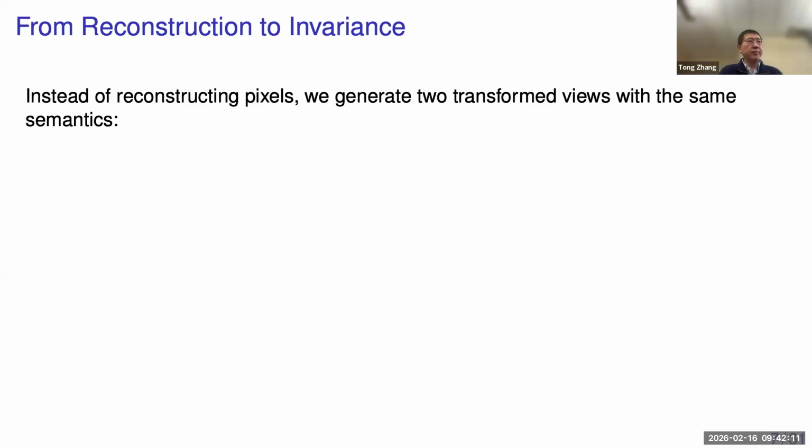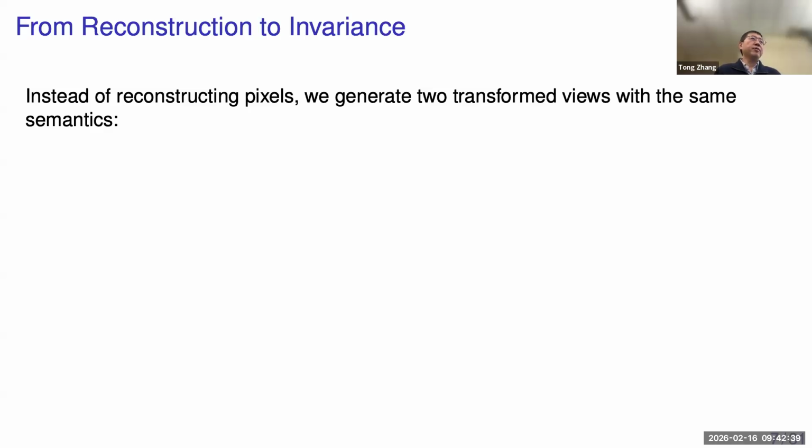Now let's look at what we want to do. This tells us what exactly we want to do when we go from reconstruction to invariance. Instead of reconstructing pixels, like VAE or autoencoder, we generate two transformed views from the same semantics.